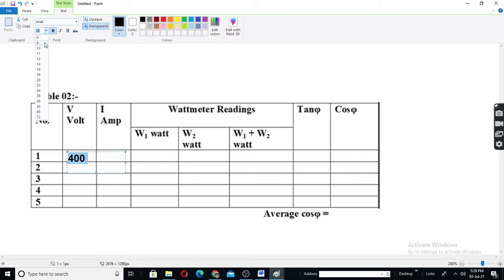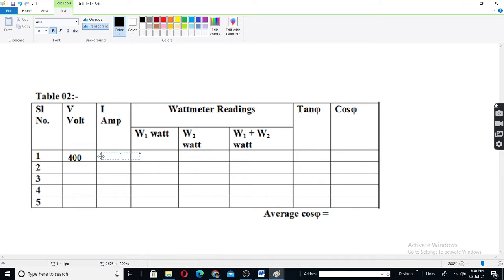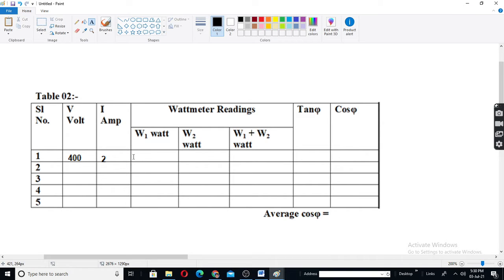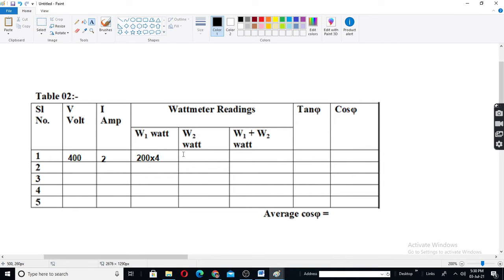Current after 3 lamps, suppose we get around 2 amperes. W1 you may get around 200. You will write here 200 into 4, because the multiplying factor here is 4.